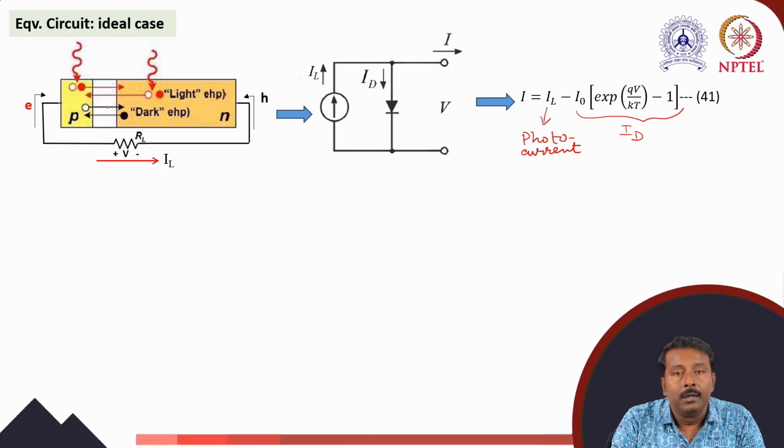Similarly, there may be non-ideality in the formation of the p-n junction, due to which a bypass path forms for the current to flow, and that contributes to leakage current. Due to that leakage current, the photocurrent is also reduced. So these effects can be included by two resistances. One is called series resistance, another is called shunt resistance.